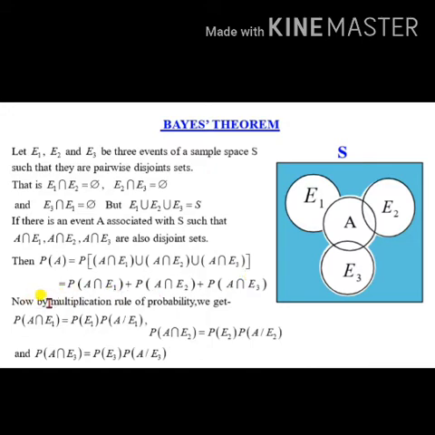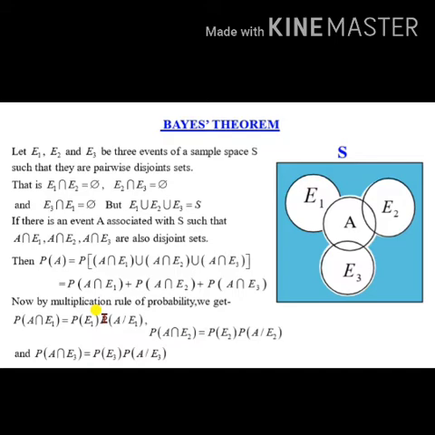Now by the multiplication rule of probability we get probability of A intersection E1 equal to probability of E1 into probability of A by E1. How do we get this result? This was already discussed in the topic of conditional probability. The conditional probability of A given E1 is equal to probability of A intersection E1 divided by probability of E1.